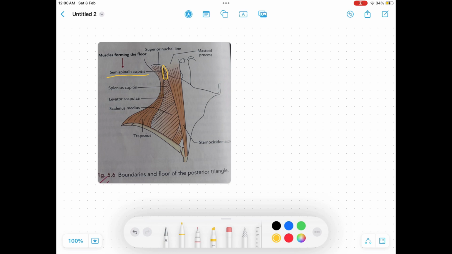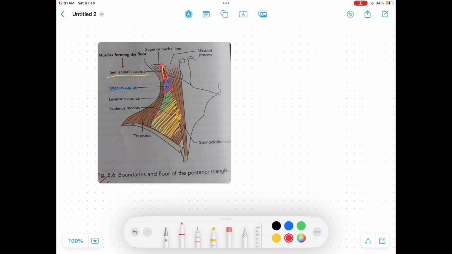As you can see, this is splenius capitis. And the third muscle is the levator scapulae. You can appreciate here levator scapulae extending till here. And fourth and the last muscle is scalenus medius. This is scalenus medius. Now you can appreciate, my students, these four muscles.